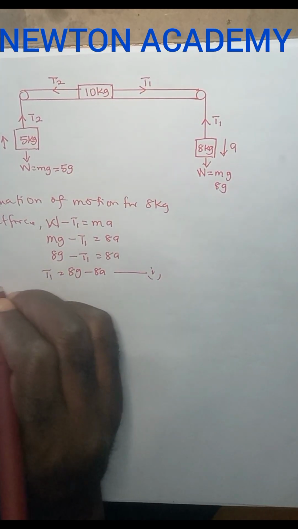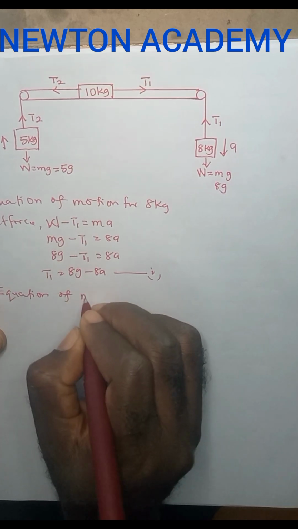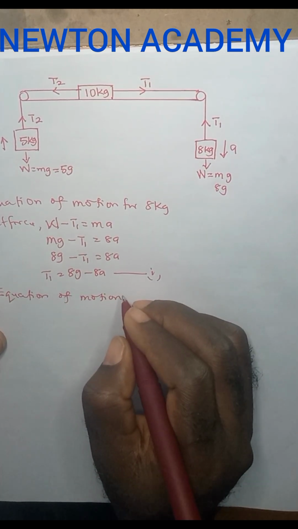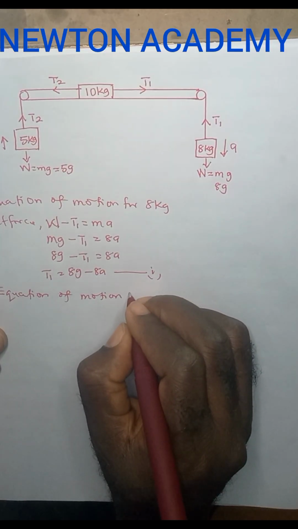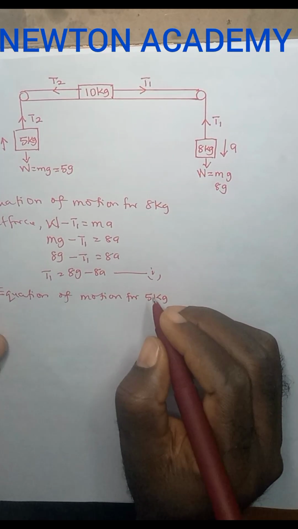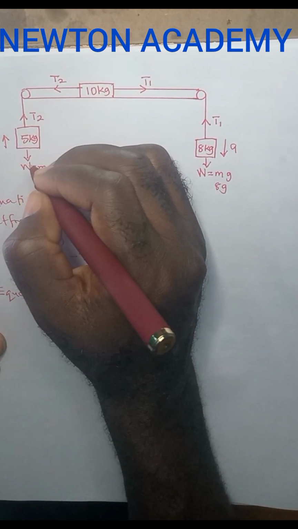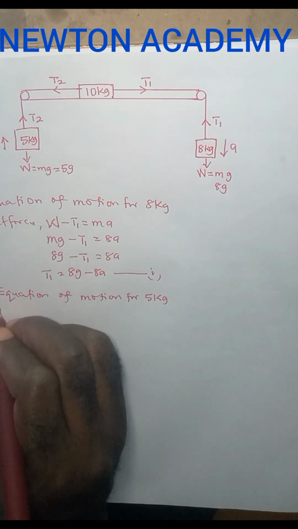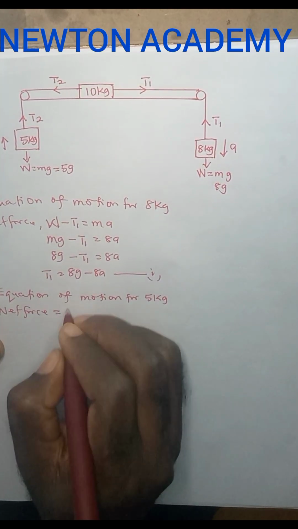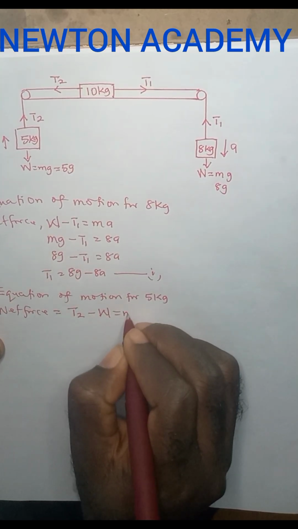Now, let us write the equation of motion for 5 kg. Now, for the 5 kg, since it is going up, that means the tension T2 is higher than the weight. Then the net force here is going to be T2 minus the weight, which is equal to ma.